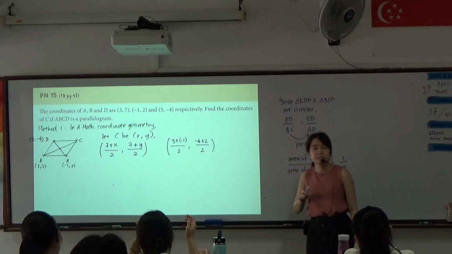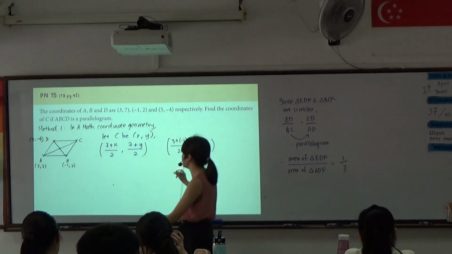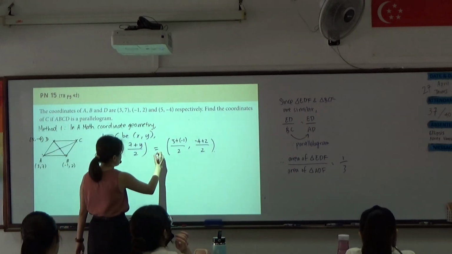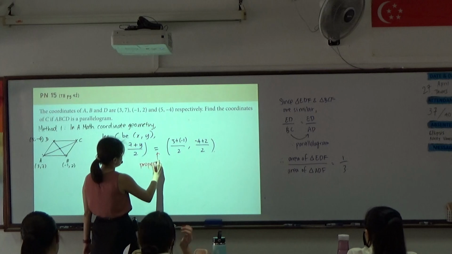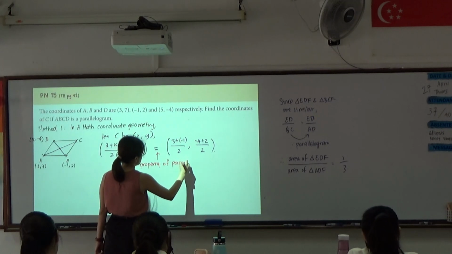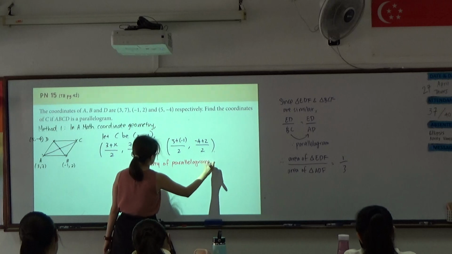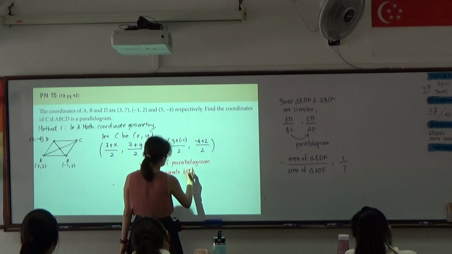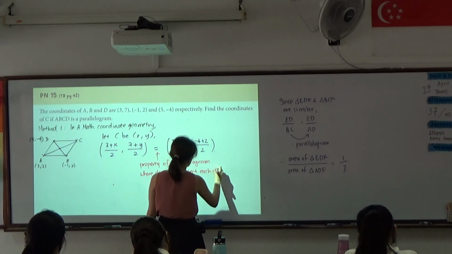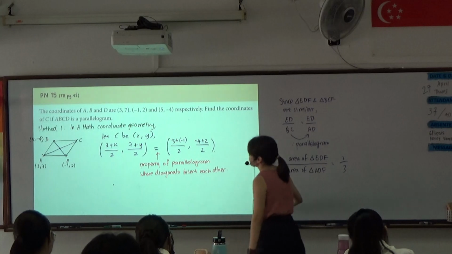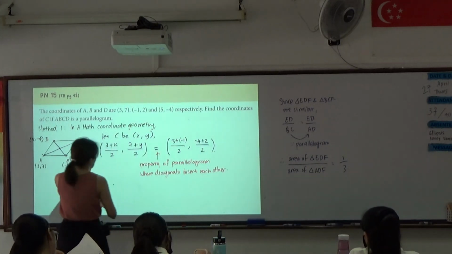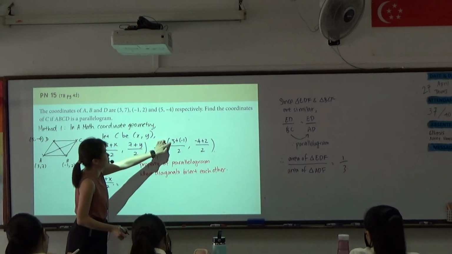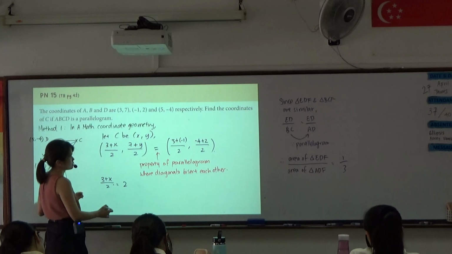Expressing in this manner, and because of the property of a parallelogram, we know that they are equal since the diagonals bisect each other. Then we can solve. The x coordinate has to be the same, so 3 plus x over 2 has to be 5 minus 1, which is 4, divided by 2 equals 2.